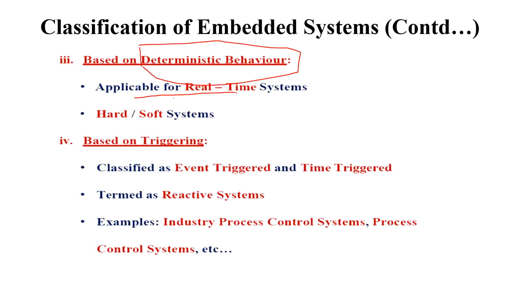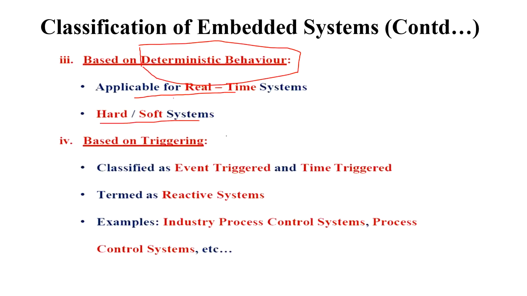Normally we know that the temperature is varying all the time. So that's why a system which displays the temperature is called a real-time system. Okay, and these are applied for hard or soft real-time embedded systems.